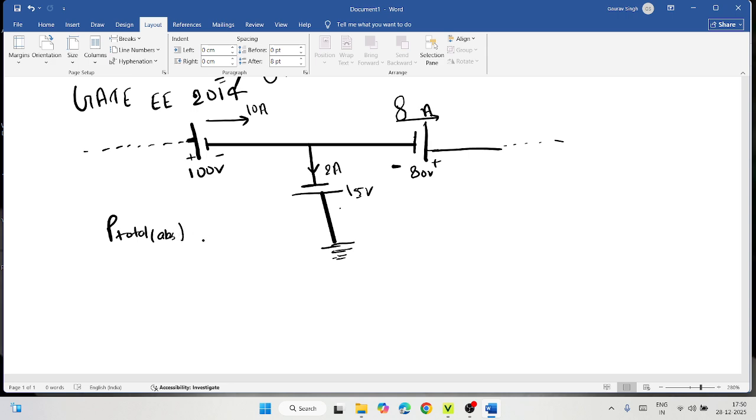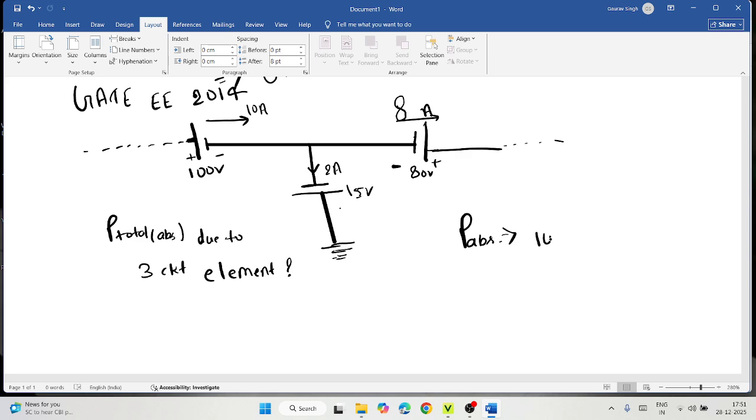Total power absorbed due to 3 circuit elements. So we can find how much power is absorbed in the 3 circuit elements. Firstly, we find it for the 100 volt voltage source. So power absorbed, because the 10 ampere current source enters through the positive side of the voltage source, that's why it is absorbed power.